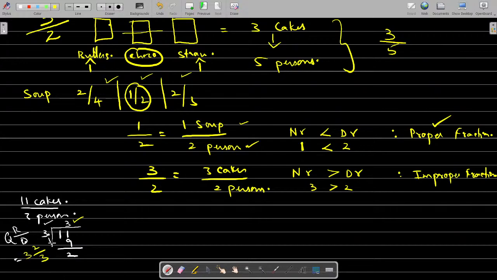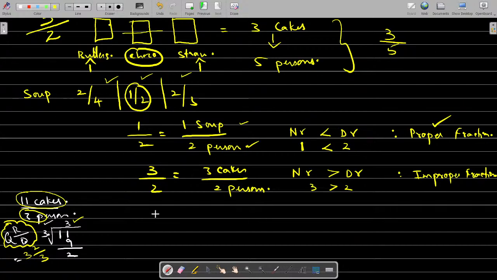So these 11 cakes have to be shared between 3 persons. We get this in the QRD rule. That is 3, 2 by 3. This is not like a proper fraction, not like an improper fraction. This is called a mixed fraction.